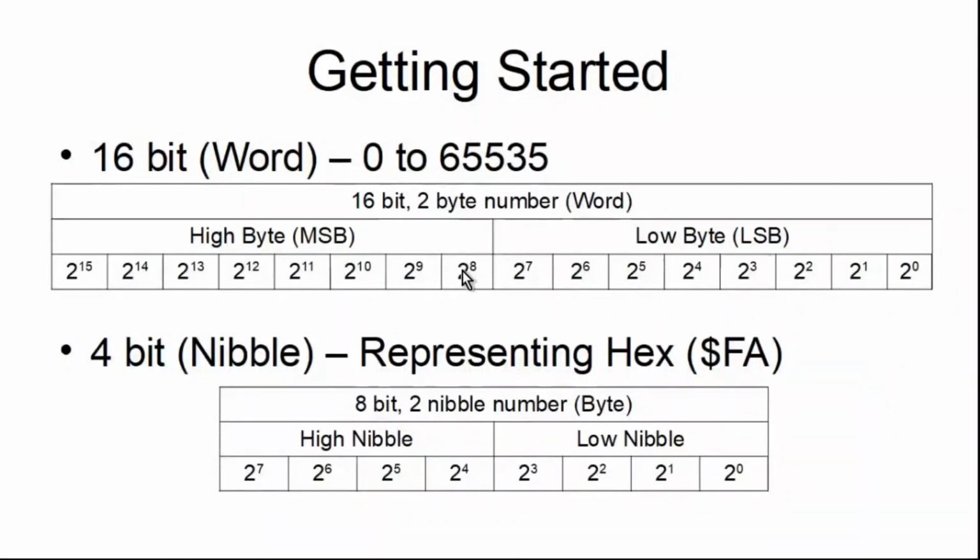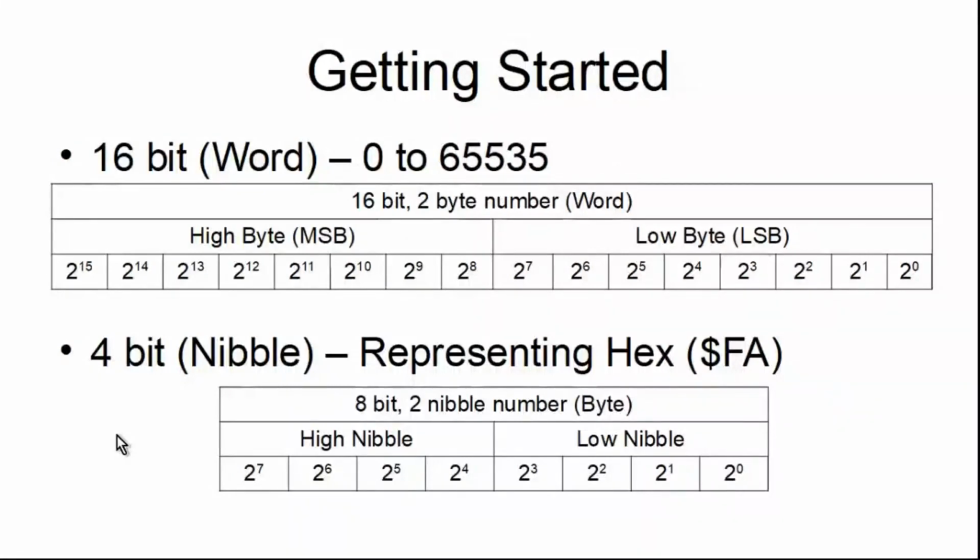You just continue with the next power, so you go from 2 to the 8th power all the way to 2 to the 15th power. Once you figure out which digits have 1s, and take 2 to the power of that digit's position, you add all those up, and you get the decimal value of that 16-bit word.